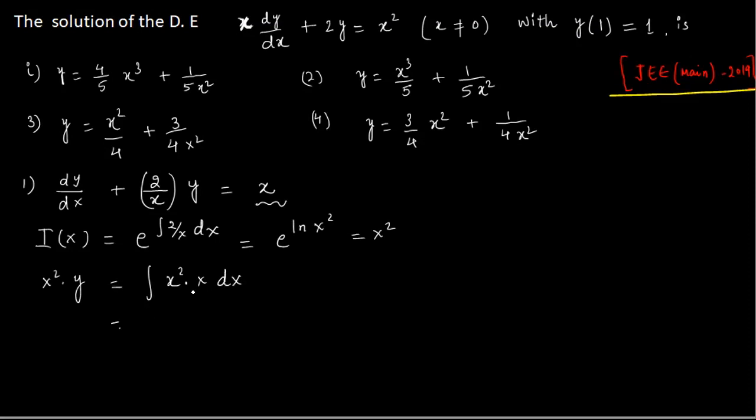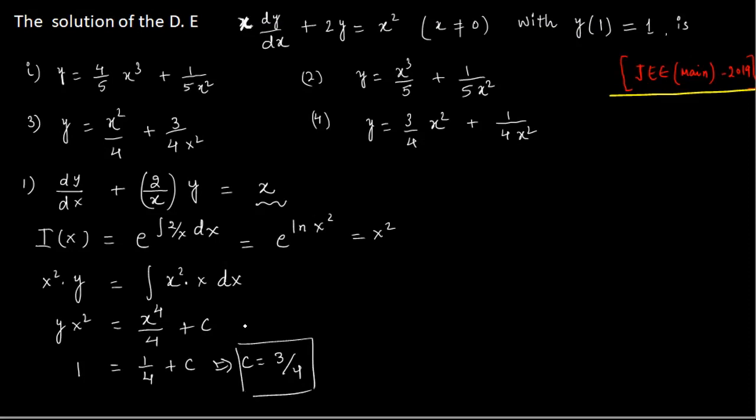So it becomes x cube, and the integral of x cube is simply x raised to the power 4 over 4 plus a constant of integration, and this term is nothing but y times x square. Now put x equals 1 and y equals 1. So this term becomes 1 and this term becomes 1 over 4 plus c. So from here we get the constant of integration is 3 over 4.